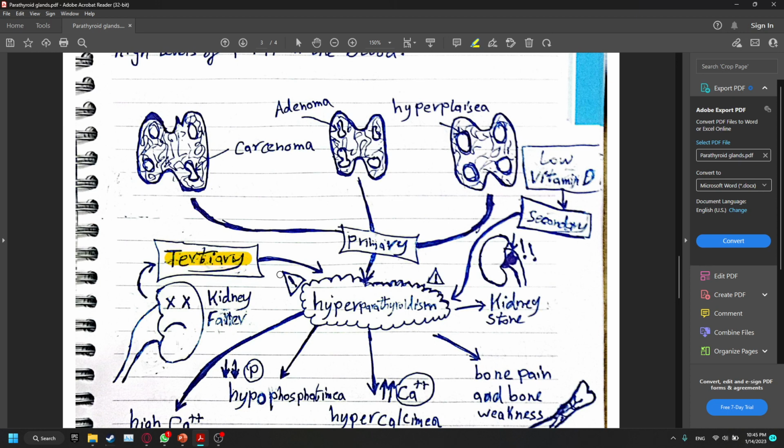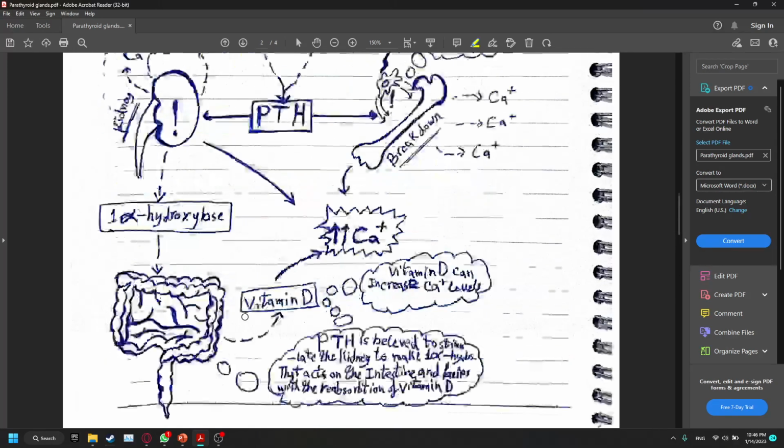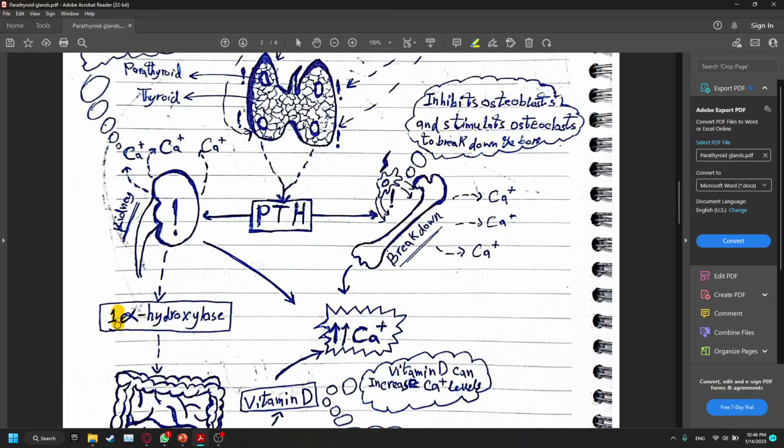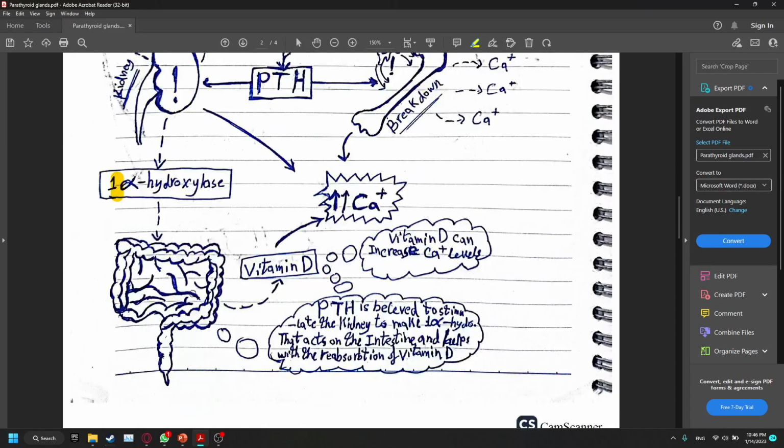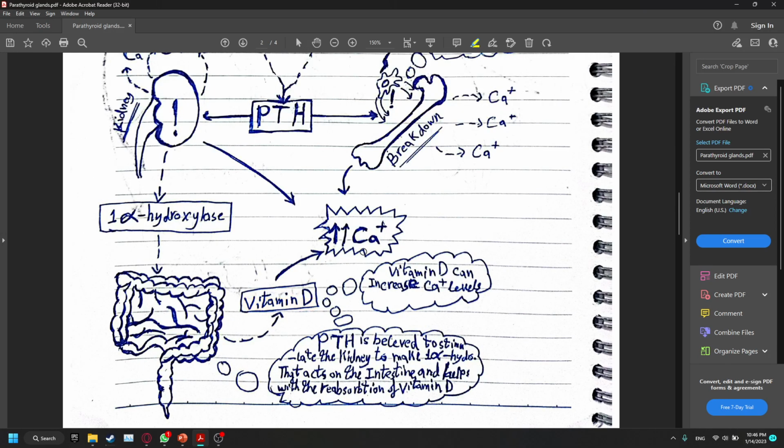It could be a tertiary cause. Where is a tertiary cause? It's like a third cause. Basically, it could be because of kidney failure. So what does the kidney have to do with it? Well, the kidney produces, as I said before, alpha 1 hydroxylase, which helps with the absorption of vitamin D, which helps with increasing the calcium levels.